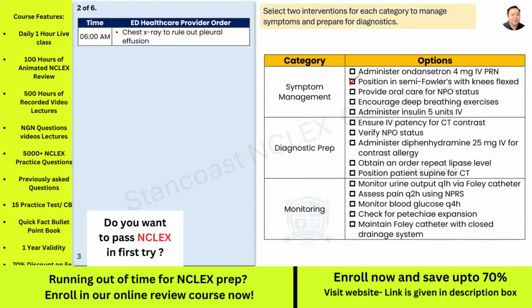What else do we need to do here? We are going to provide oral care for NPO status. Even though the patient has an order for nothing by mouth, you can still provide comfort by performing regular oral hygiene. This can be impactful to the patient. It will prevent mucosal dryness.